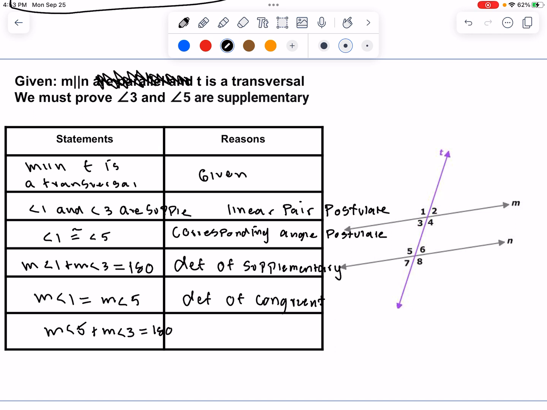The word for replace in math is substitution. Well, we know that they add up to 180. And if they add up to 180, that means they're supplementary. If someone were to ask you what supplementary means, you would say they add up to 180. So since 5 and 3 add up to 180, that means that 5 and 3 are supplementary.